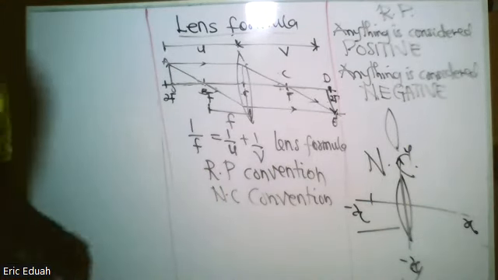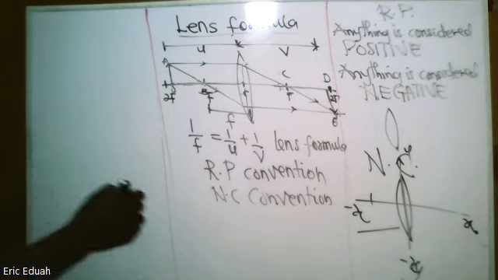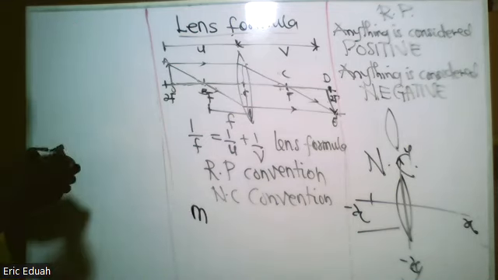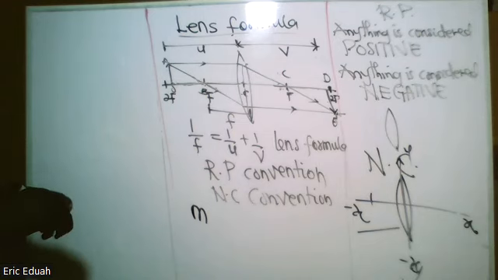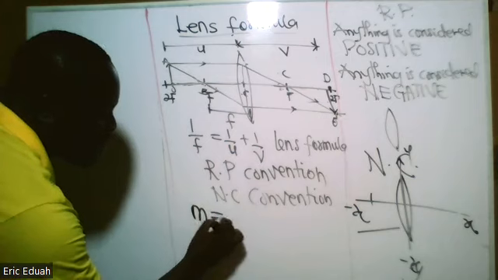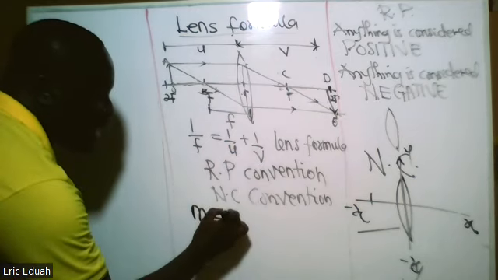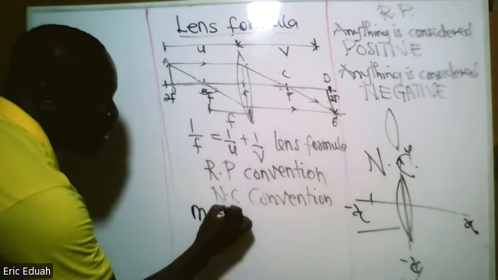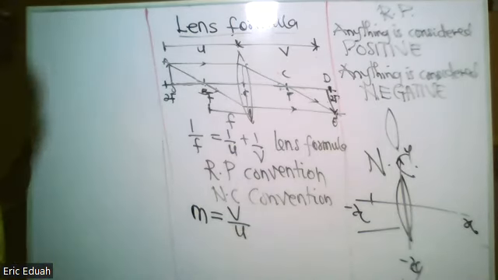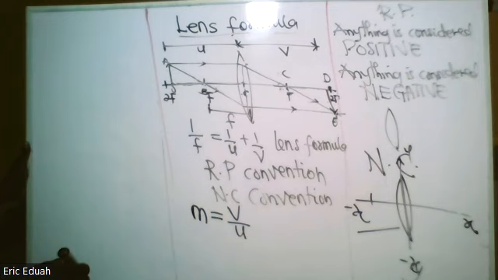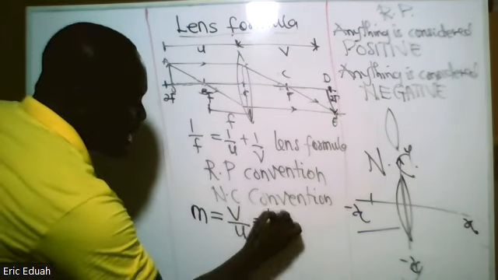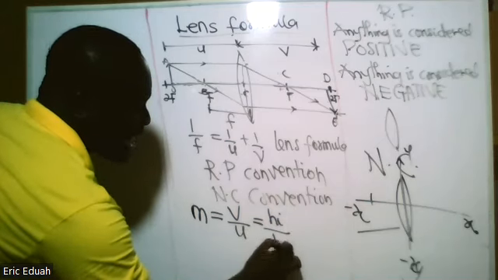Then magnification. Magnification, be it lateral magnification or transverse magnification. If it is lateral magnification, then M is equal to image distance over object distance. If it is transverse magnification, it is image height over object height.